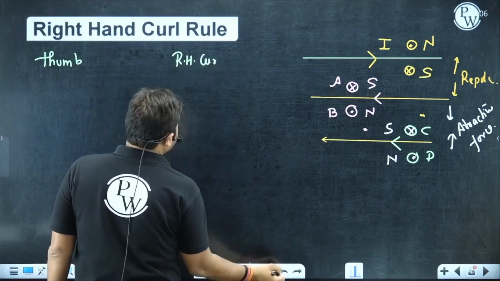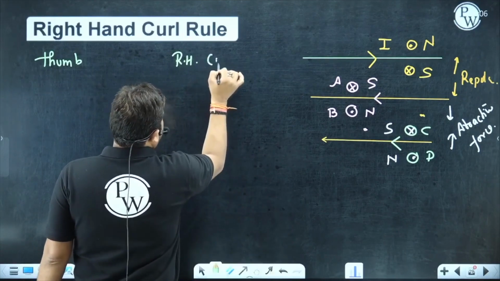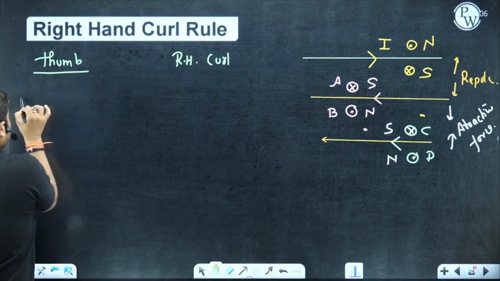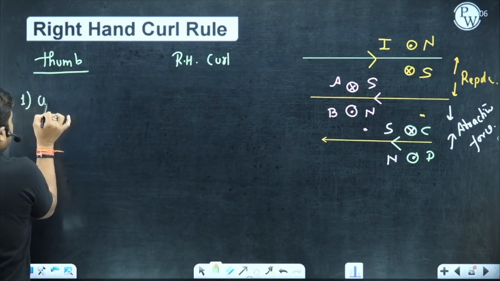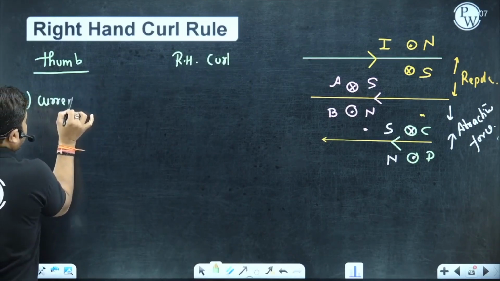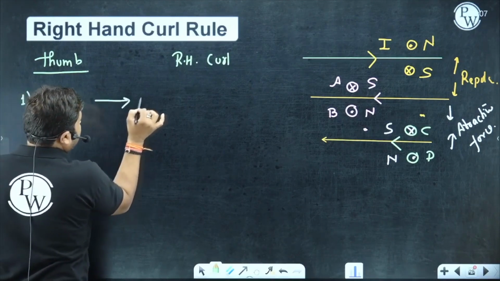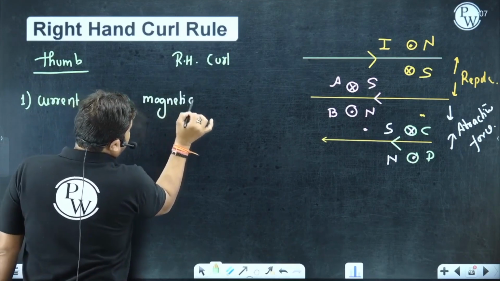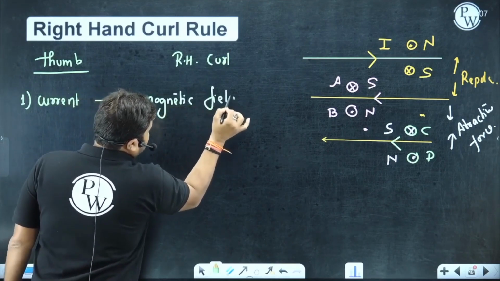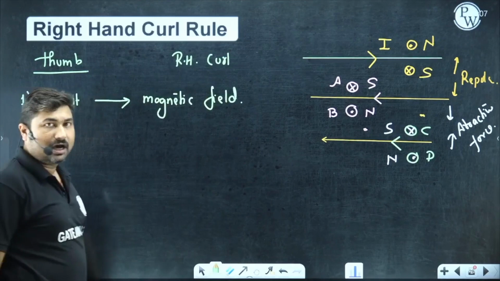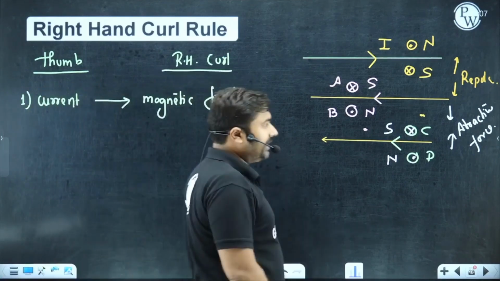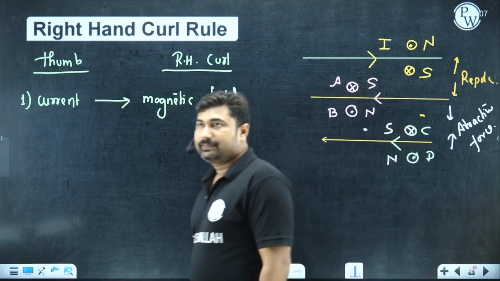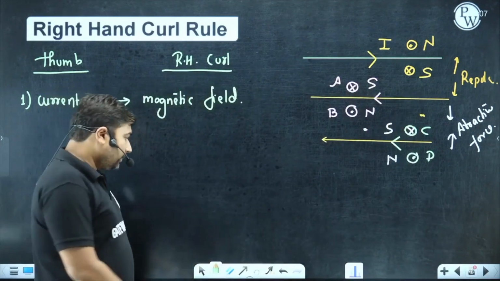So one can say, if the current flows in the direction of the right hand thumb, then the right hand curl represents the direction of the magnetic field. Is it okay? Yes, sir. Great, sir. Now please observe.